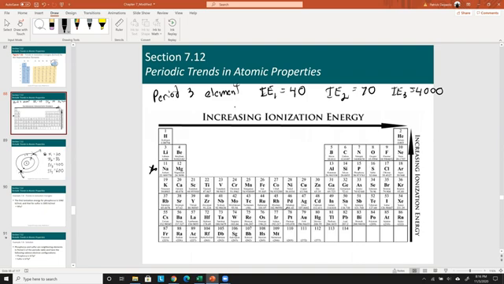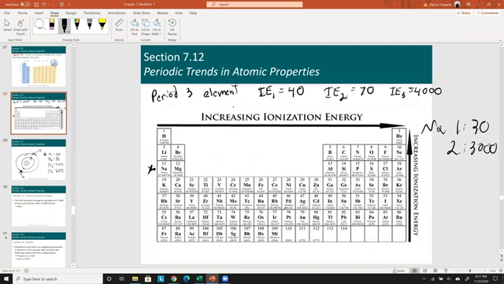Sodium, remove 1 electron, ionization energy is pretty low. And then after you remove that 1 electron, you're a neon. If you remove an electron from neon, the second ionization energy of sodium, that would be huge. So for sodium, we'd expect maybe the first one would be like 30, and the second one would be like 3,000.